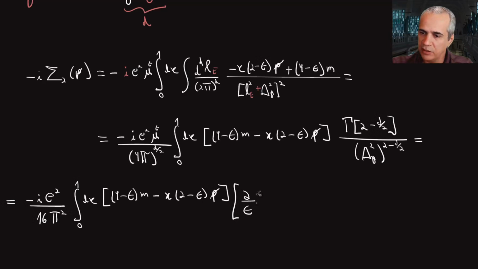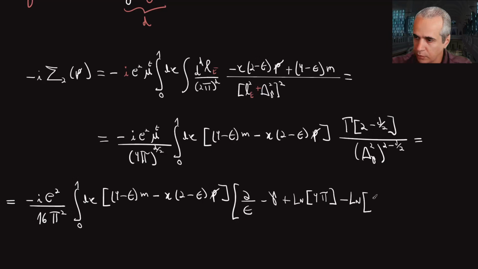So the UV divergence is here, right? You have all these usual pieces, so the Euler-Mascheroni constant, some log of 4 pi. There's a log of this guy over mu square. So delta gamma square over mu square. By now this should start to be getting familiar, right?